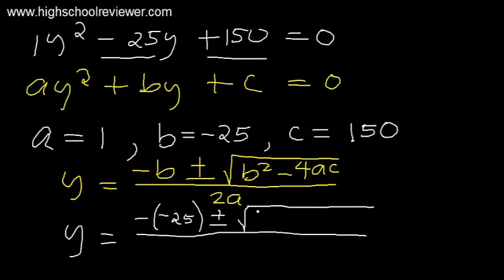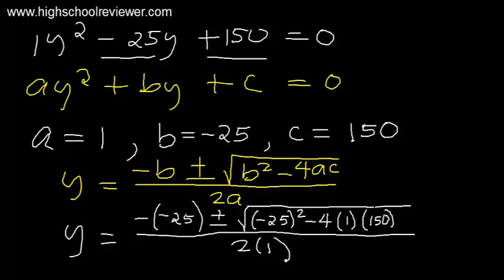So again, our b is negative 25 raised to the power of 2 minus 4. Our a is 1 multiplied by c, which is 150. And this will be divided by 2 times 1.